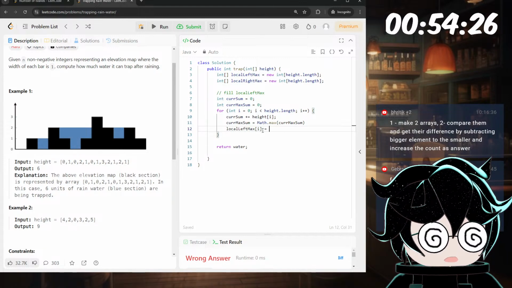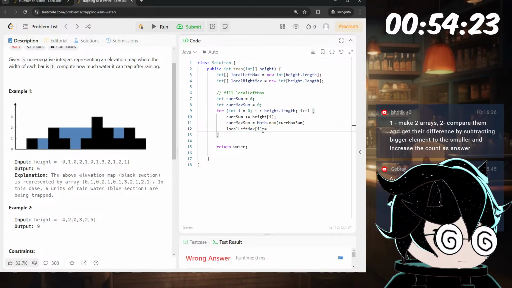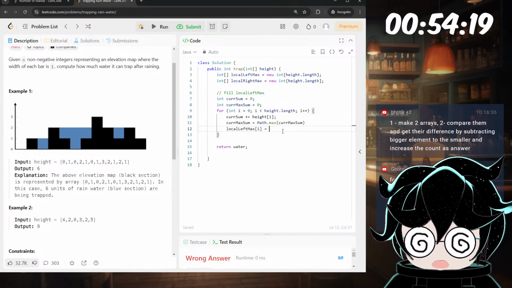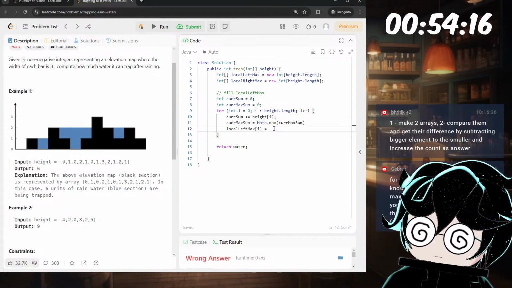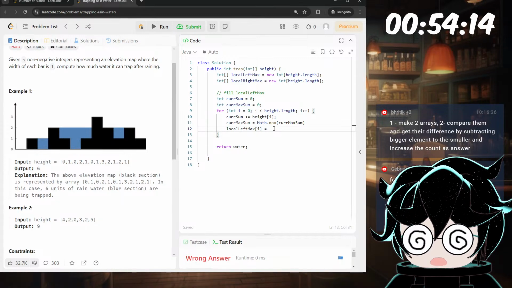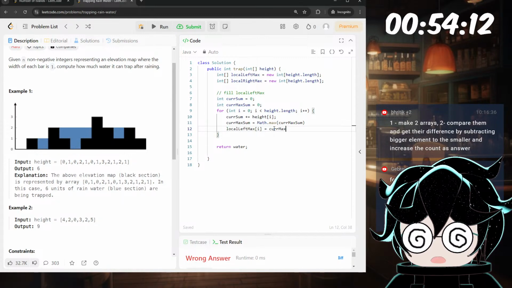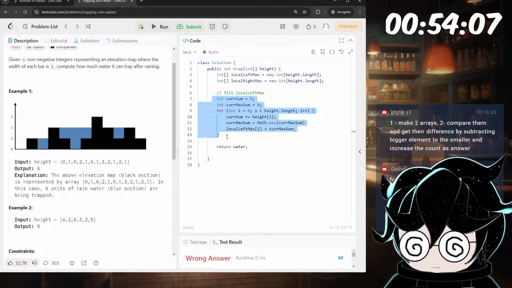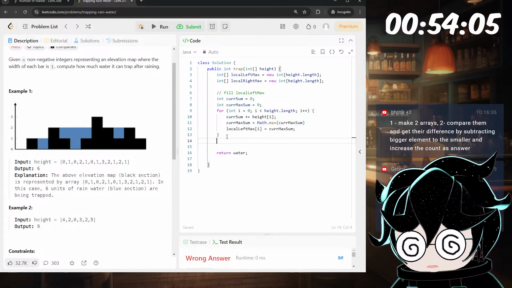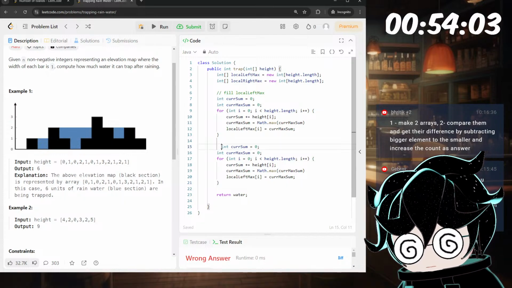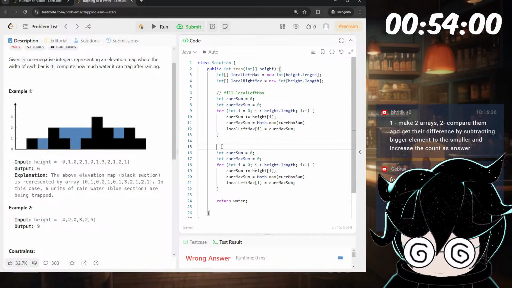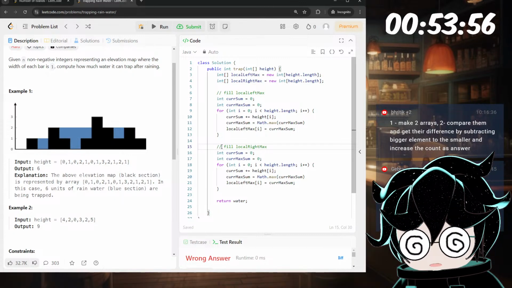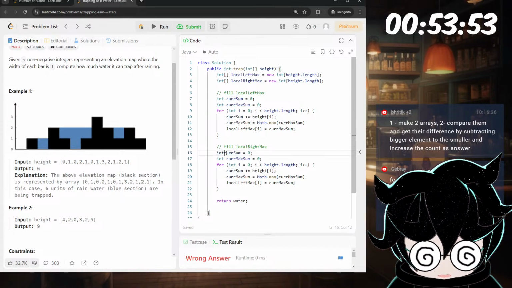People are helping in the chat. Thank you. I think I see what you guys are saying though. Current max sum, local left max I is equal to current max sum. Okay, and then we do this for the right. So local right max. Current sum we reset to 0.